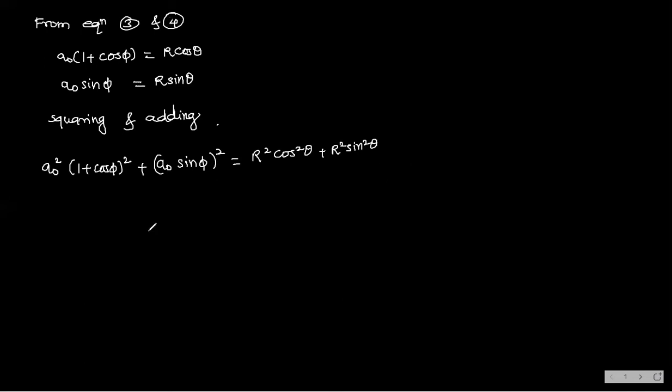So see here, a naught square into 1 plus 2 into 1 into cos phi plus cos square phi, plus this one, a naught square sin square phi.